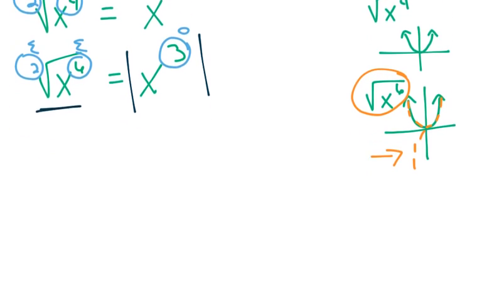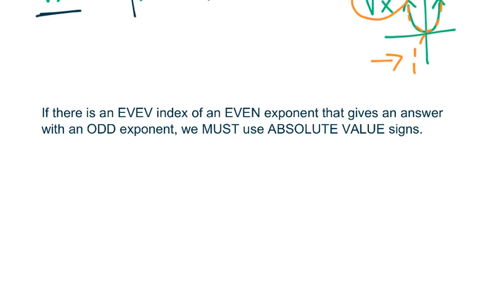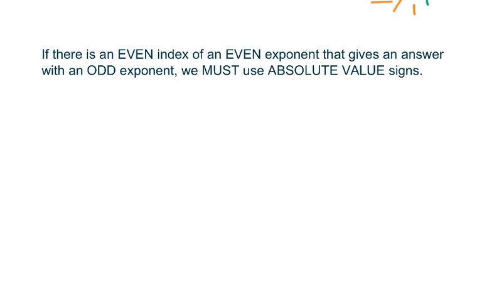So here is our rule. If there is an even index of an even exponent that gives an answer with an odd exponent, we must use absolute value signs. Now, I don't know about you, but all that wording is kind of weird to me. So I am going to put this in a picture, if I can write appropriately.